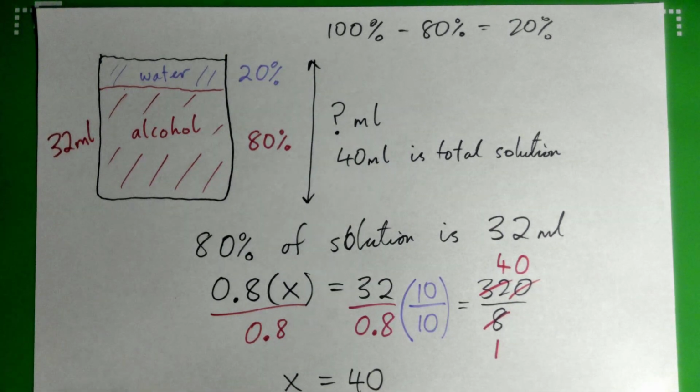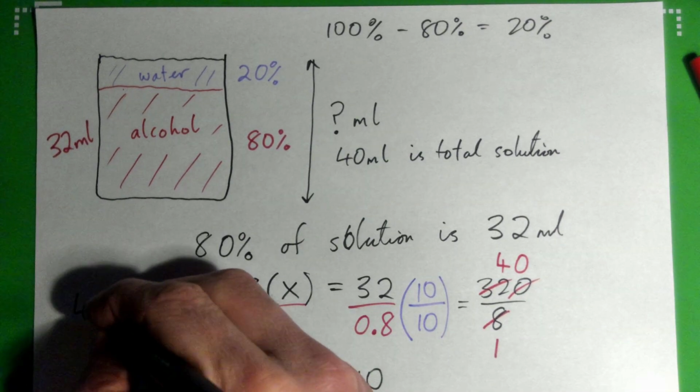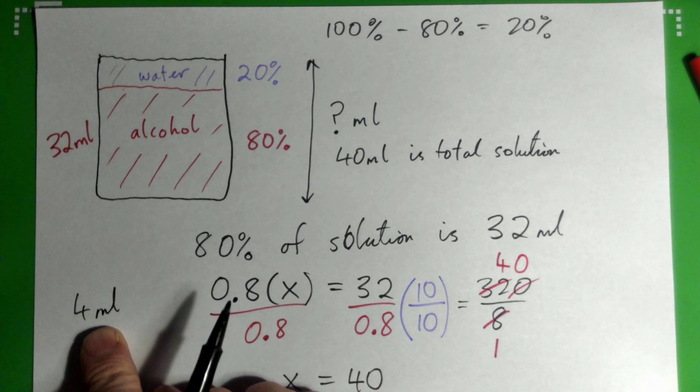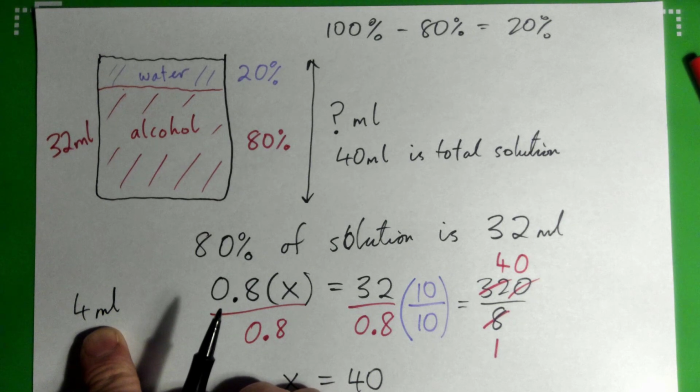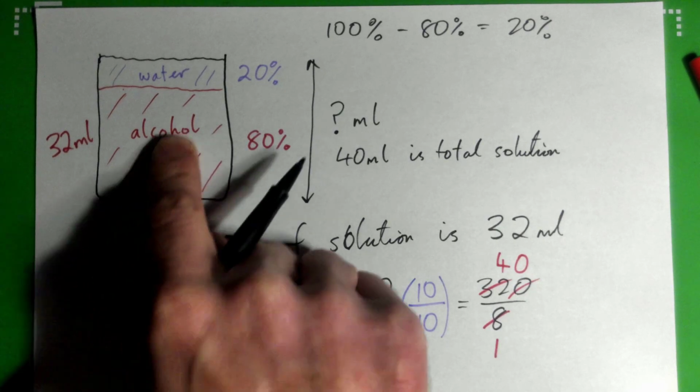Like what if I got that the answer was 4 milliliters? Would that seem correct? No. Why? What's wrong with that? Because 4 milliliters doesn't equal out correctly for the percentage. But does that make sense in real life?